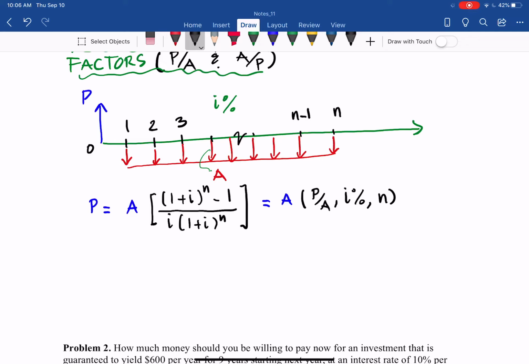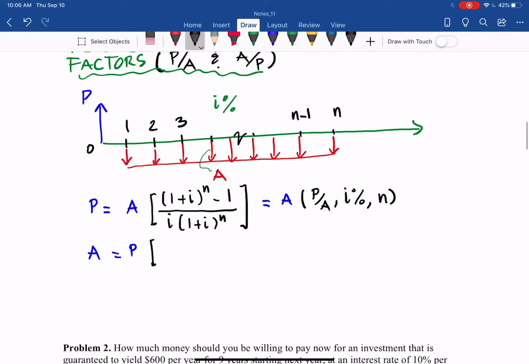Similarly, if given a present value, meaning we borrow the money, how much do I pay per month? So A becomes the unknown and P becomes given. To find A given P, you just flip the denominator to become the numerator and vice versa.